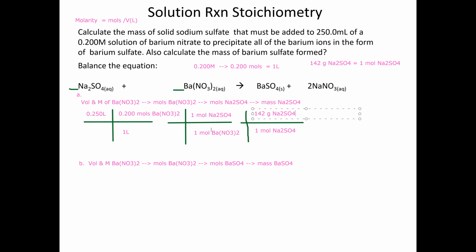Everything on top you multiply, everything on the bottom you divide by. And we get 7.10 grams of sodium sulfate.